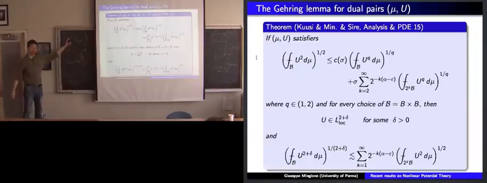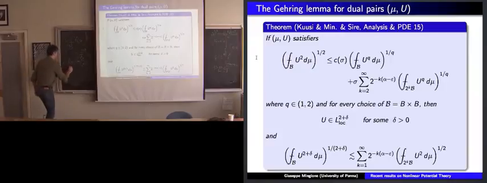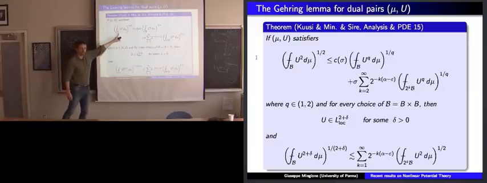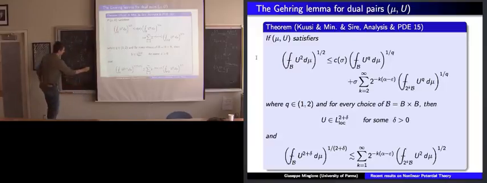Actually, it is not. Why? Because now you are in R to the 2n. So if you would like to apply these versions of Gehring's lemma, you have to take into account all the possible balls. All possible balls means that these balls must be here, must be here, must be here. But surprise, surprise, the real bad thing is that here only the diagonal balls are considered. So you have a complete lack of information on the other balls.